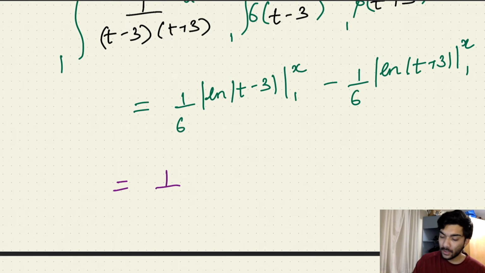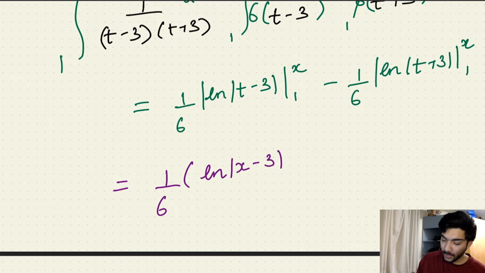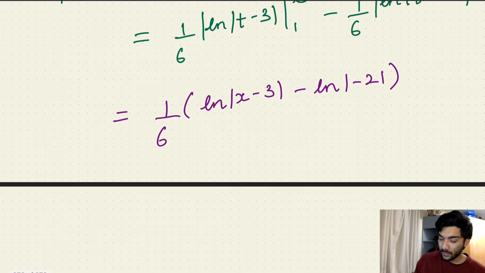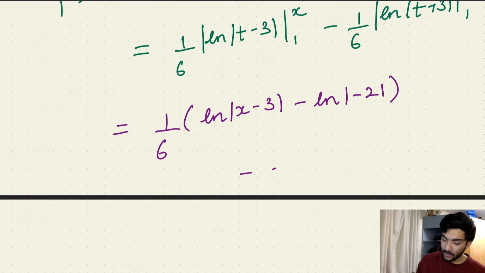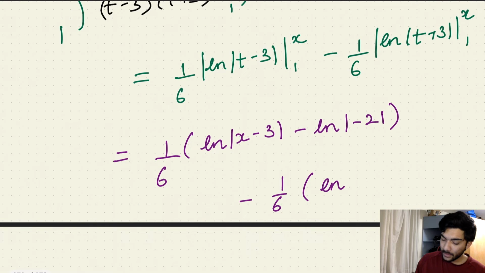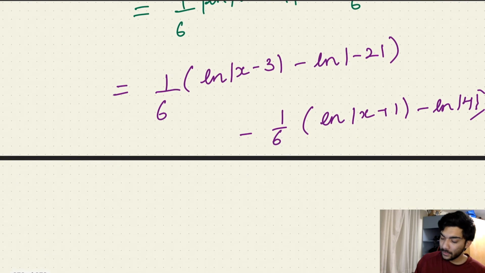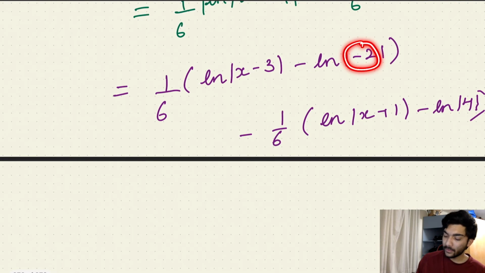If you calculate that, you'll simply get 1 over 6 times (ln |x minus 3| minus ln 2) minus 1 by 6 (ln |x plus 1| minus ln 4) in this case, right?